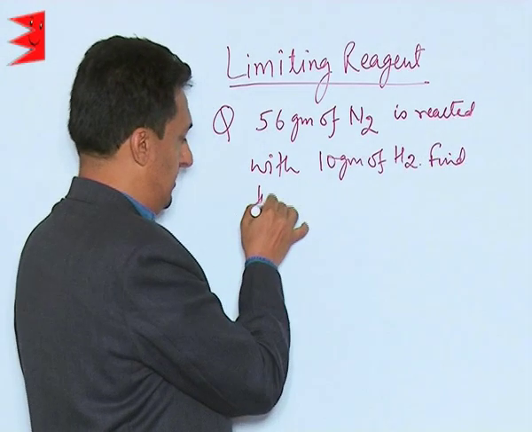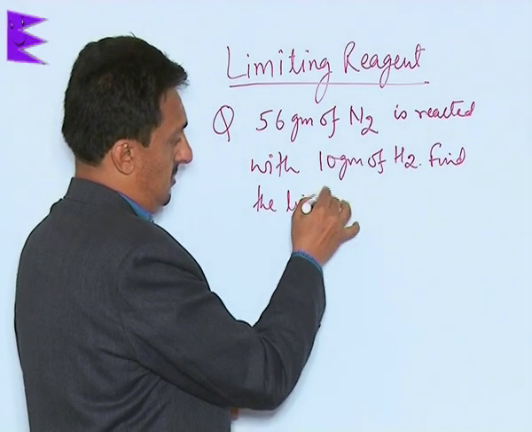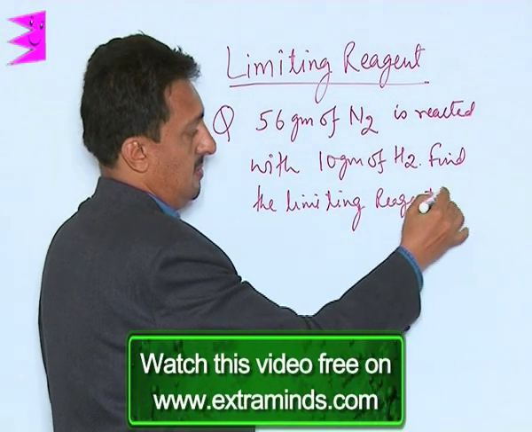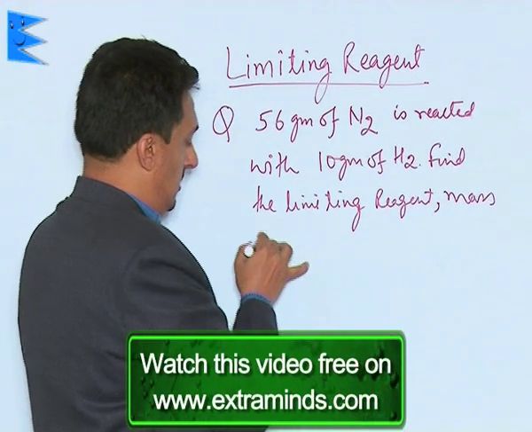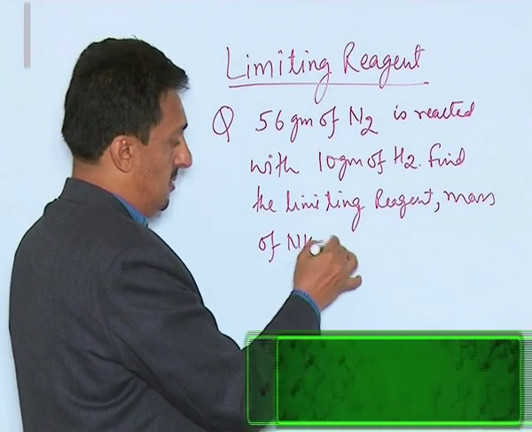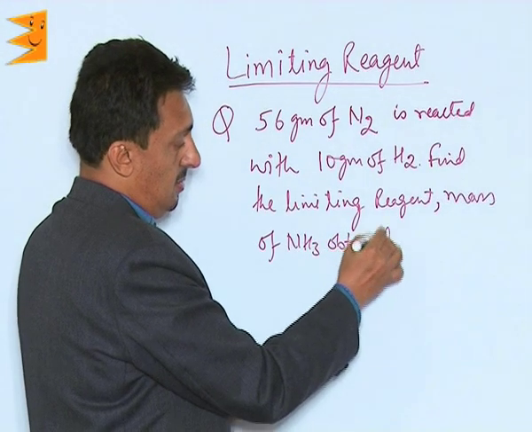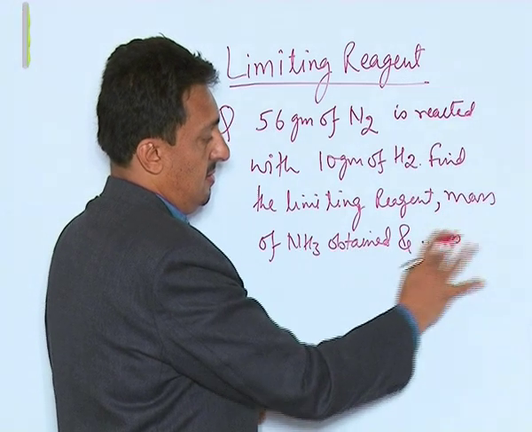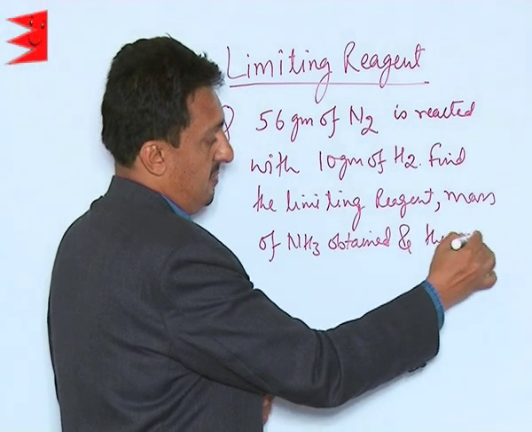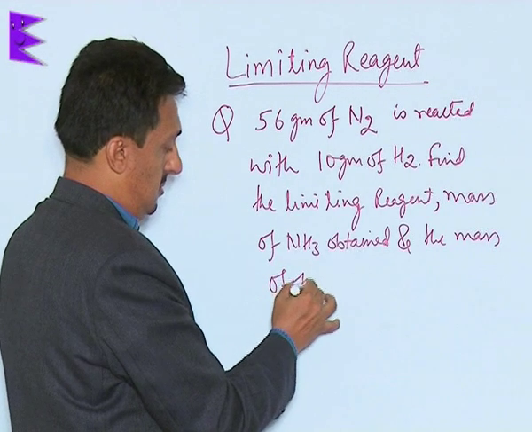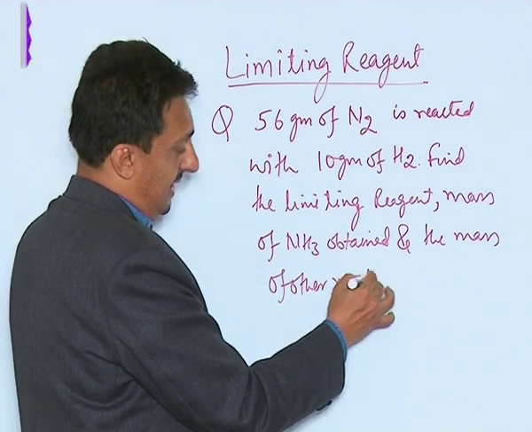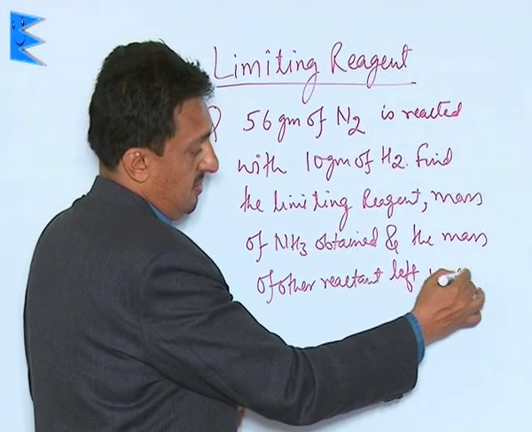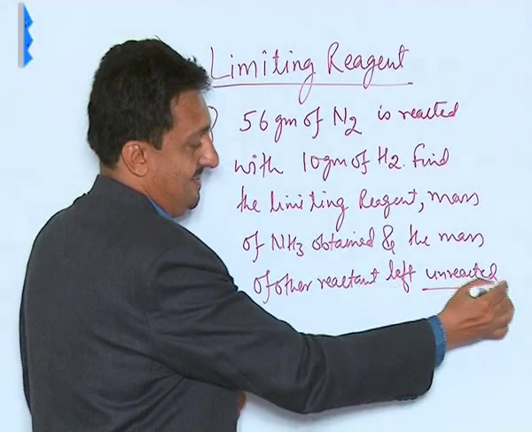Find the limiting reagent, the mass of ammonia obtained, and the mass of the other reactant left unreacted.